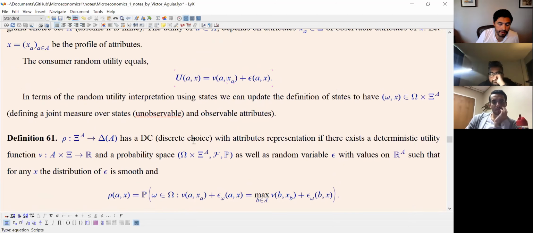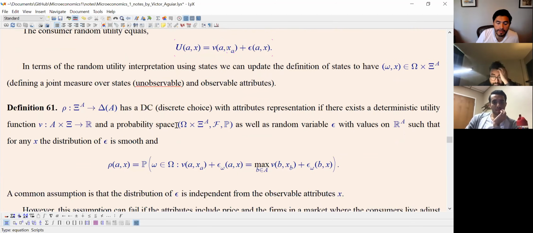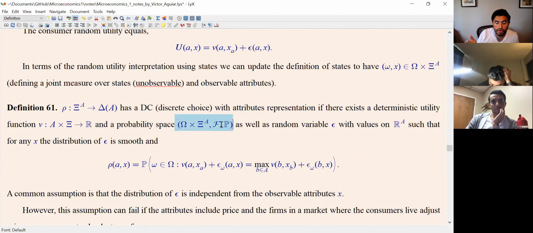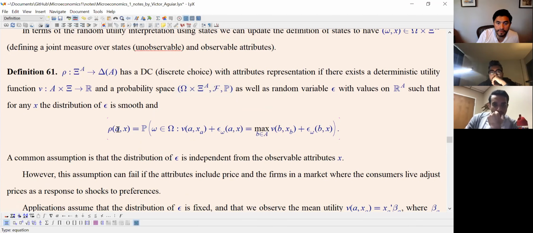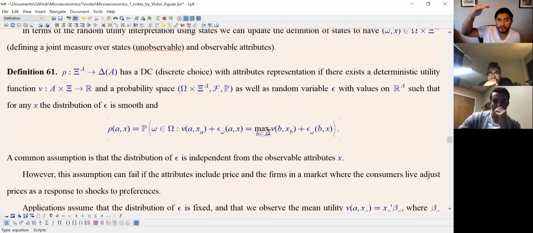And a probability space, that is, a probability measure over the whole vector of attributes, including unobserved attributes, such that the probability of alternative A given observable attributes X is equal to the probability over the unobservable attributes, the omegas, such that the utility of alternative A given observable and unobservable attributes is the top of the rank, right?